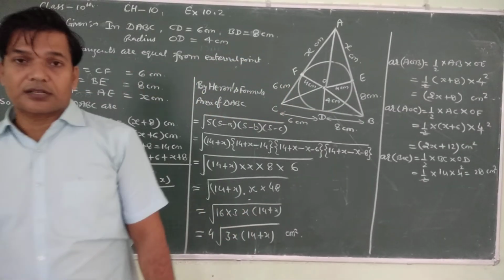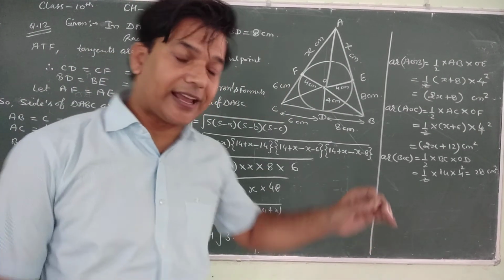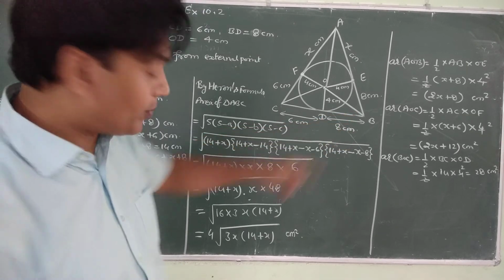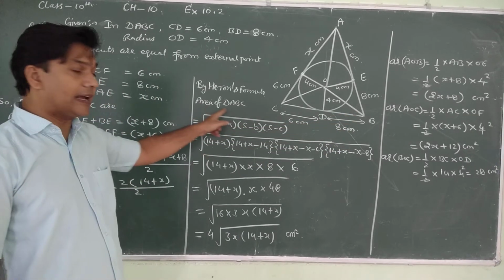We know that the sum of all these three areas should be equal to the area of triangle ABC.